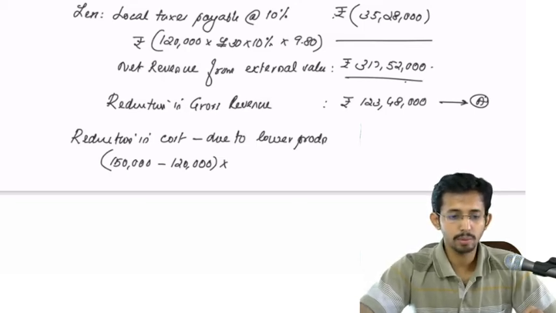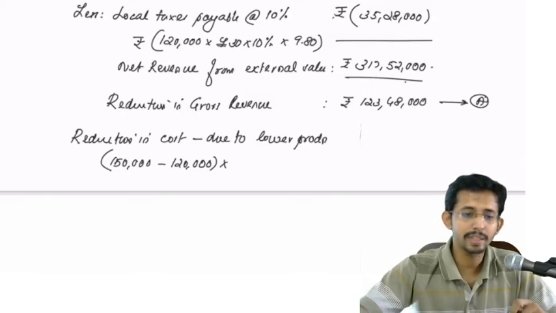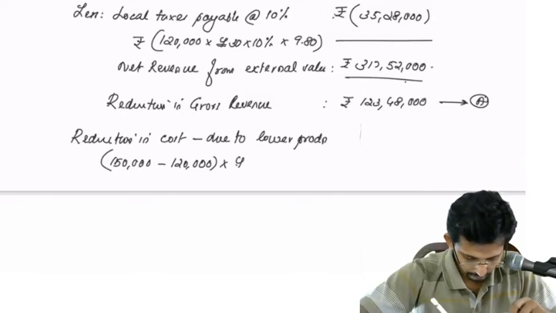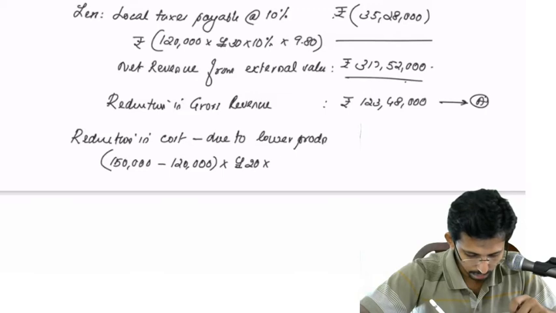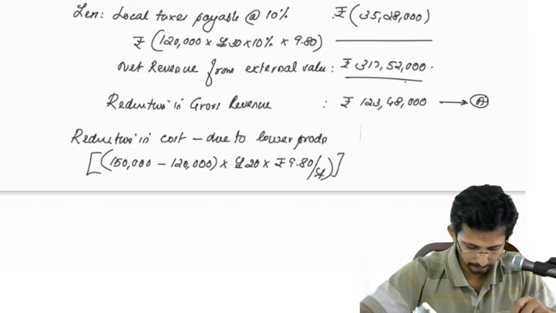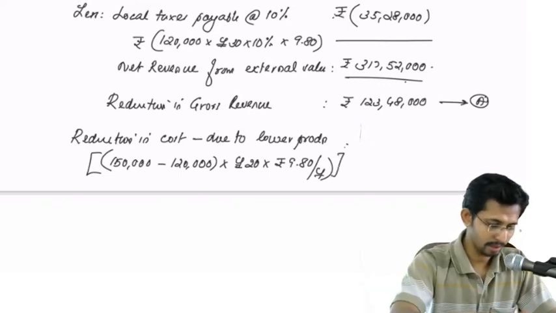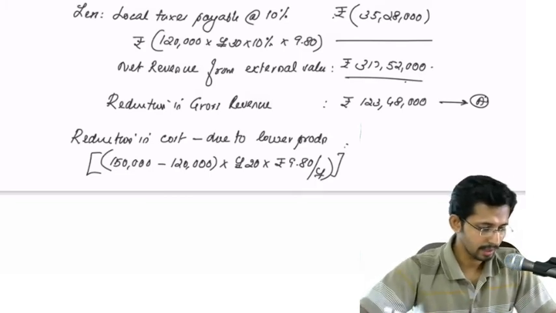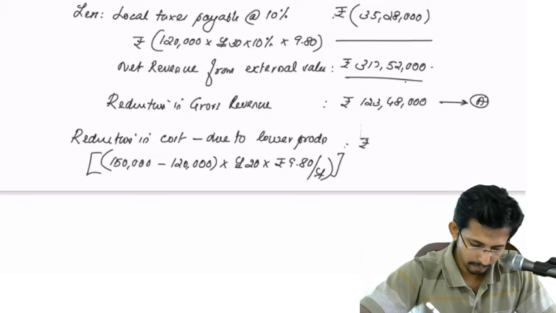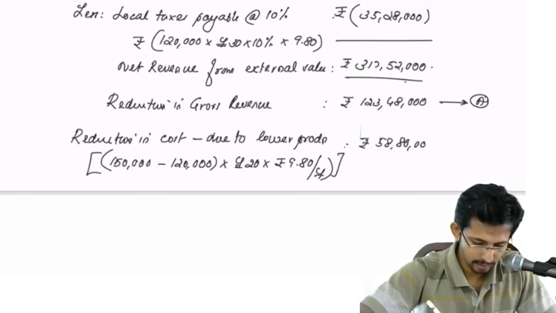The variable cost was given to be 20 into rupees 9.80 per yen. So that is equal to 30,000 into 20 into 9.8, that will be 58,80,000.